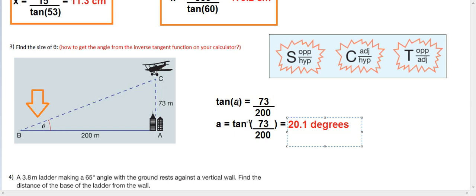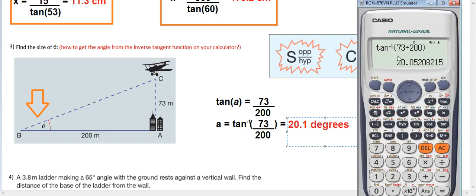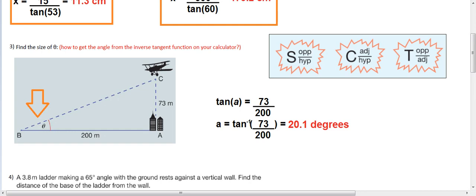The function tangent of A is equal to 73 over 200, so the inverse tangent function of 73 over 200 is going to give me the angle that was inside the tangent function. This is 20.1 degrees. I used this calculator, but you can use another one. Take a look how I structured it: 73 divided by 200. Let's go for the next question.